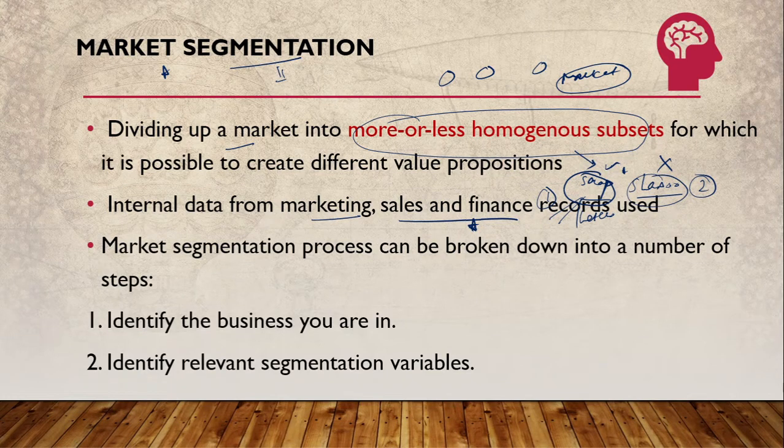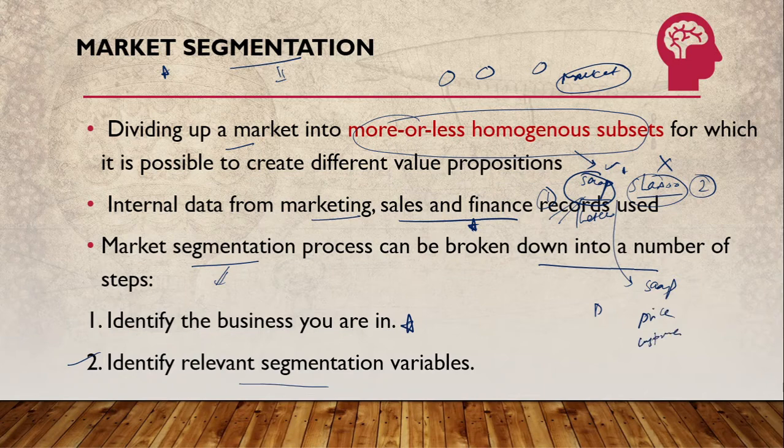So how this market segmentation process helps you is, this process can be broken down into a number of steps. First, you have to identify the business you are in. As I've just said, which products you are selling, so that you should know. And the second, identifying the relevant segmentation variables. Some of the variables, if you are, let us say, targeting the market segmentation of soap, are price or the customer age.